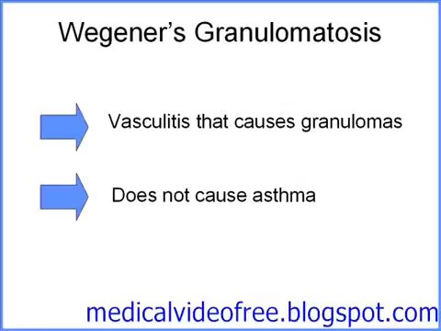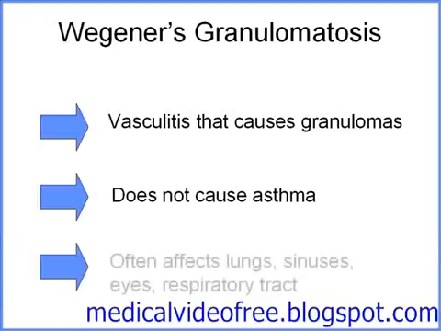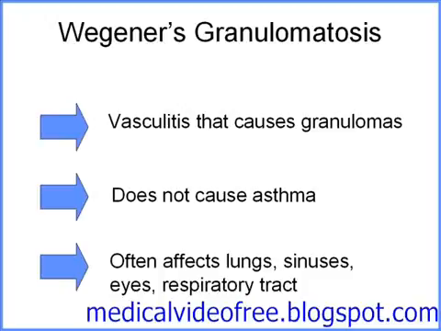So if you had nodules in your lung due to granulomatous inflammation, or you had destructive disease in your sinuses that was destroying bone, and histologically the pathologist saw granulomas attacking the nose tissue, then the diagnosis would be Wegener's granulomatosis. And for some reason, this very often affects the lungs and the upper respiratory tract, the nose, the sinuses, the eyes, and also even the ears in some patients.